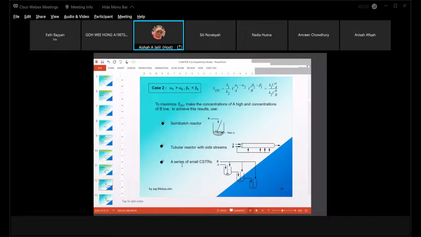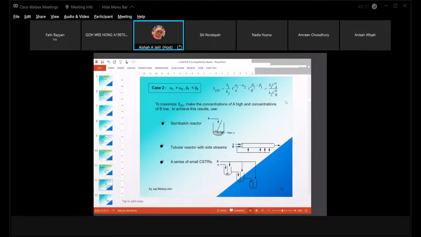Or you use a series of small CSTRs, where you put A here, but B you put one by one in each reactor like this. So you have to draw it like this, which is B, which is A, which is B. Okay, that is the answer for chapter 6.